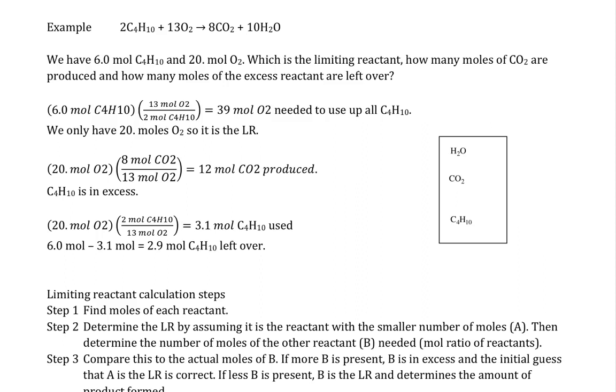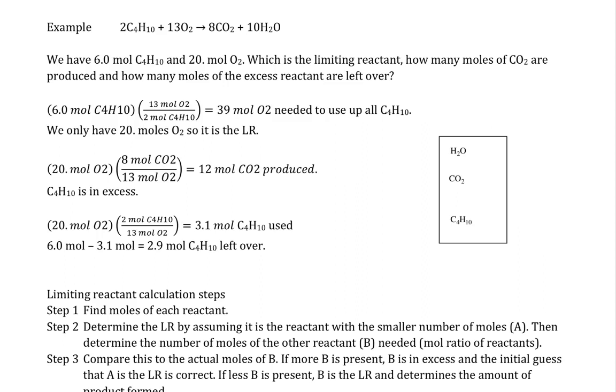So now we calculate with it. We take our 20 moles of O2 and we multiply by the ratio between the CO2 and the O2. So we're multiplying by 8 moles CO2 over 13 moles of O2. Moles of O2 cancels and we get 12 moles of CO2 are produced.